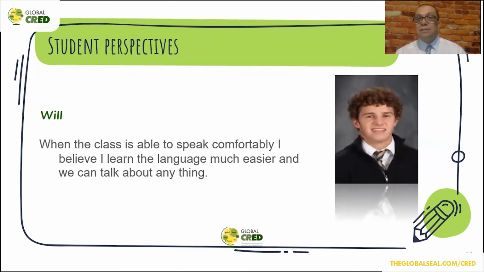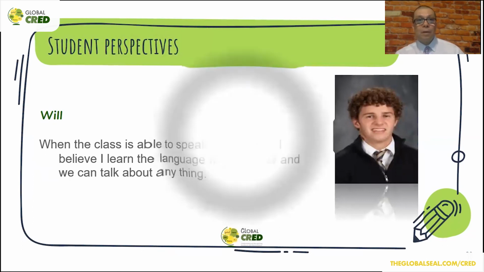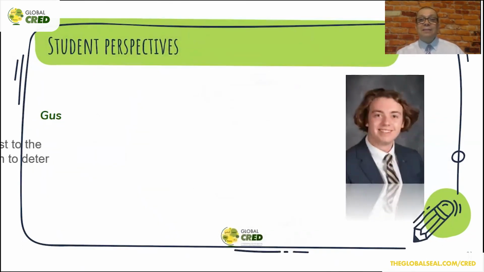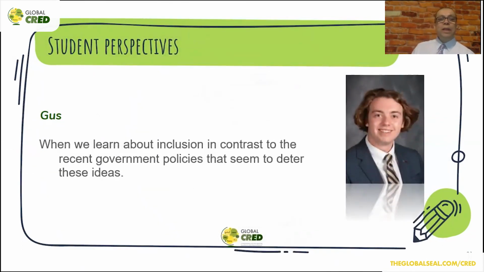Which is true because it's that famous affective filter that Dr. Krashen says. Okay. And Gus says, when we learn about inclusion in contrast to the recent government policies that seem to deter these ideas, meaning we talk about what's going on, see?